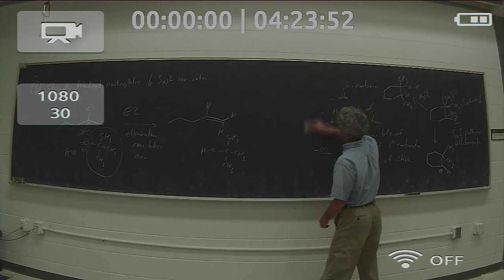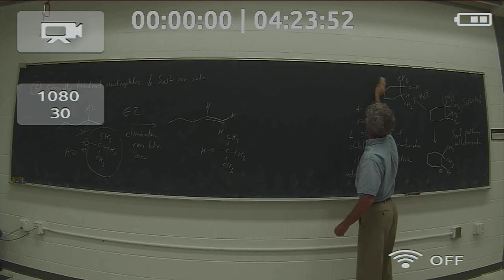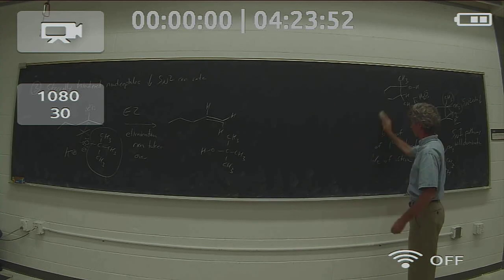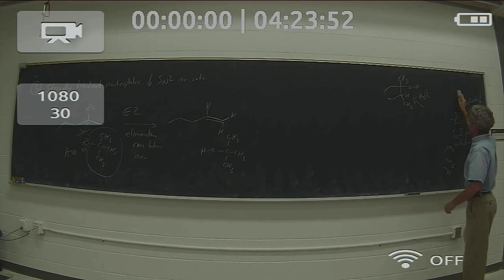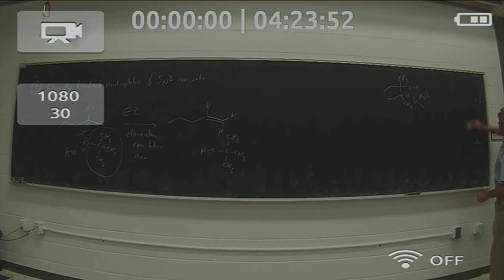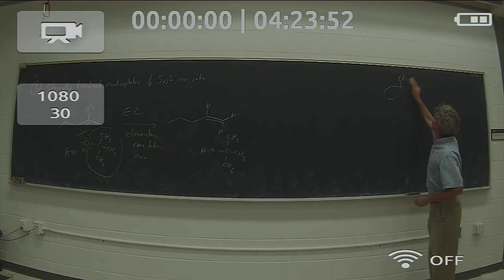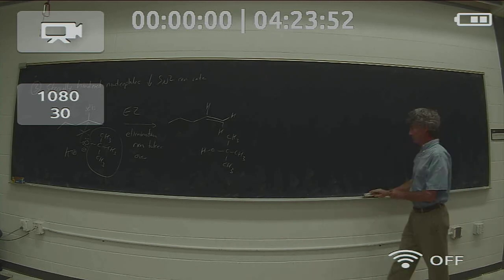So you can make methyl tertiary butyl ether, MTBE, which was the solvent we used for extraction of triglyceride, by reacting tertiary butoxide ion with iodomethane.